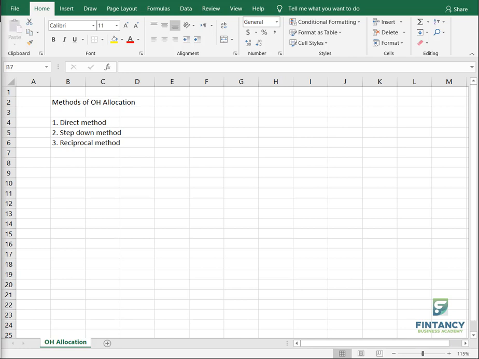Without their involvement, can production department produce the product? No. Like for example, if you talk about IT department, maintenance department, HR, the cafeteria, admin department. So all these departments, they are supporting the production people so that they can produce the product.